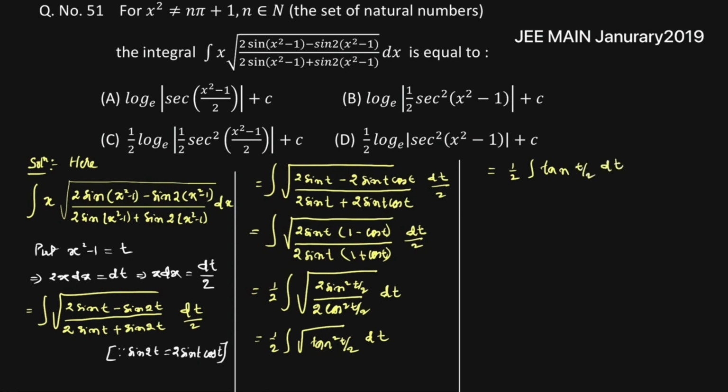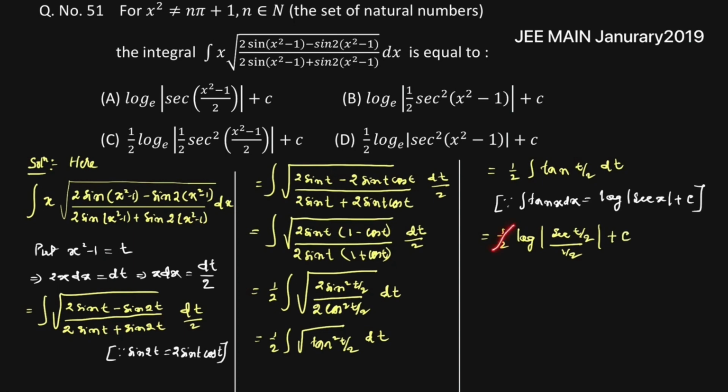So we know that integration of tan x dx we are able to write as log of sec x plus c. So the above integration we are able to write as 1 by 2 log sec of t by 2 divided by 1 by 2 plus c.